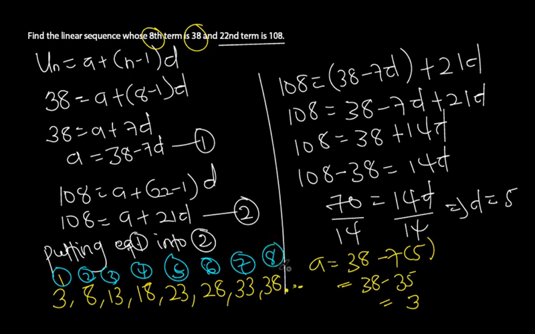Wow. So the question is saying the 8th term is exactly 38, which we have over here. Okay, so it means our answer, or the values we obtained for the a, which is the first term, and then the difference between the sequence, is correct. So this is how we solve a linear sequence example.